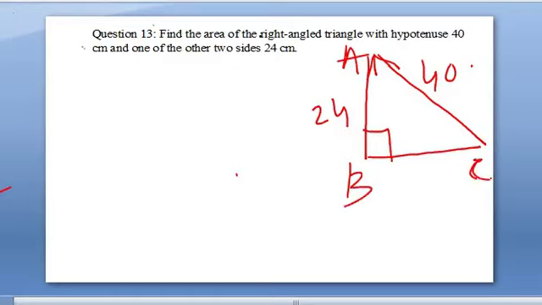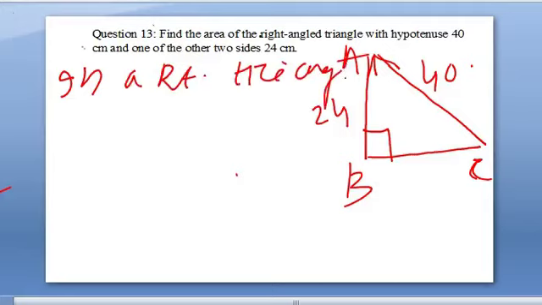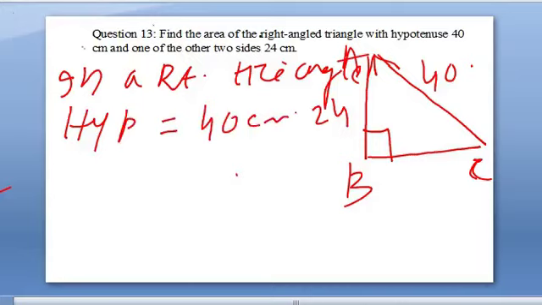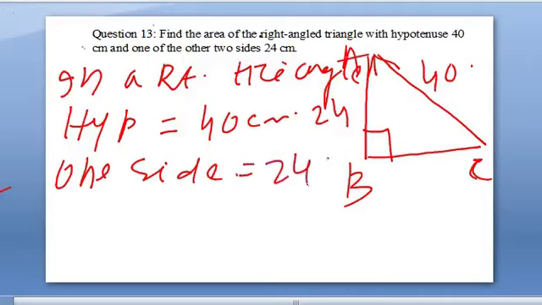So in a right triangle, the hypotenuse is given as 40 centimeter. One side is given as 24 centimeter. Then find out the other side BC.